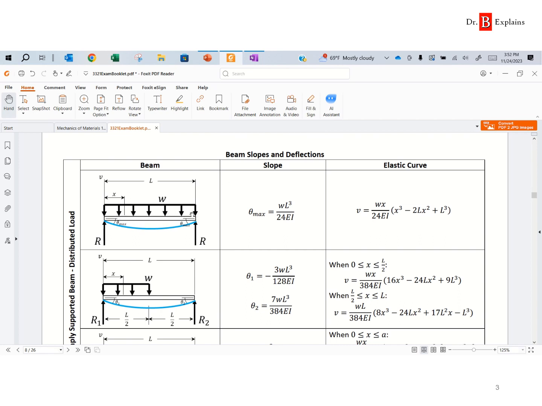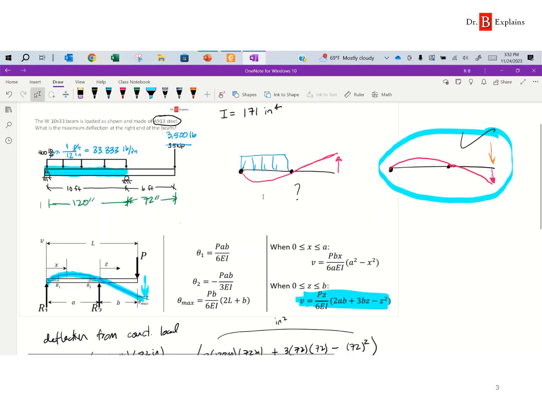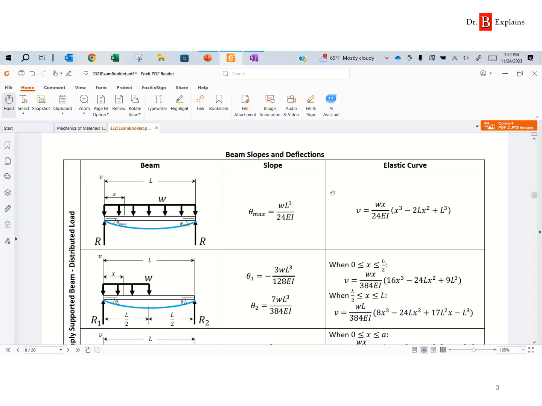So this kind of looks like what we have, but what our problem has is that the beam extends over here. So how do we deal with that? And the answer is simple. We don't have an elastic curve for a portion that extends past the beam, but we do have a slope over here.